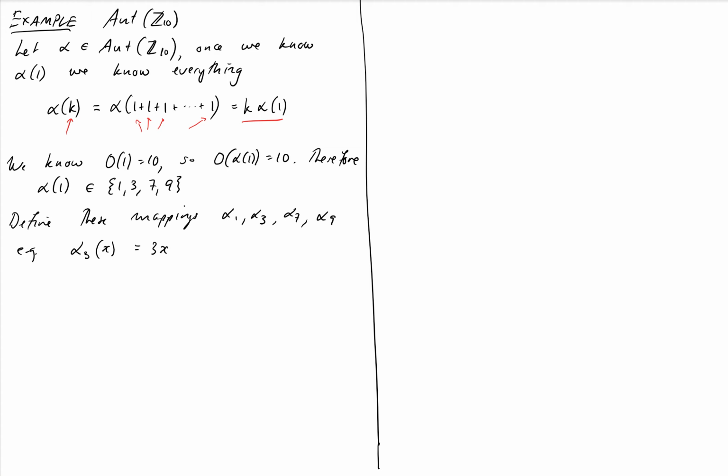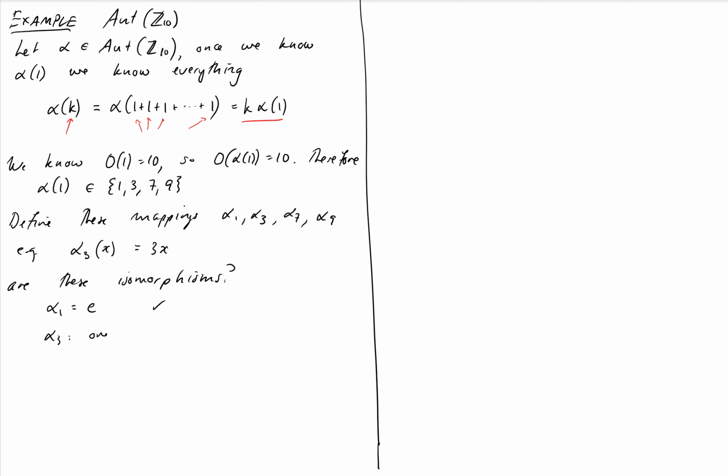So we better test that these are actually automorphisms, or isomorphisms if you like. Are these isomorphisms or automorphisms? Well, alpha 1 is just the identity mapping, so yes, it definitely is. Let's look, for example, at alpha 3.